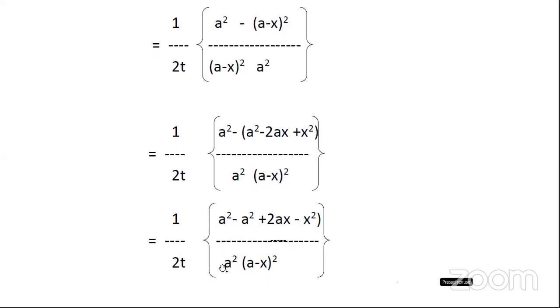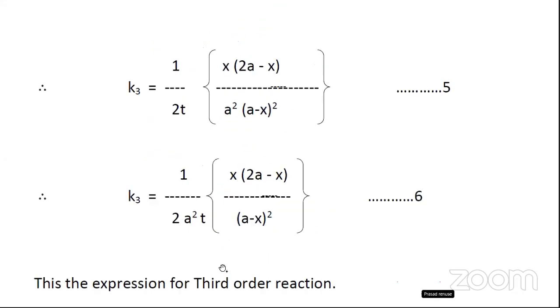Taking x common, what we will get in the next step? x into (twice a minus x) upon a square into (a minus x) square. Therefore K3 equals 1 upon 2t, x into (twice a minus x) upon a square (a minus x) square.